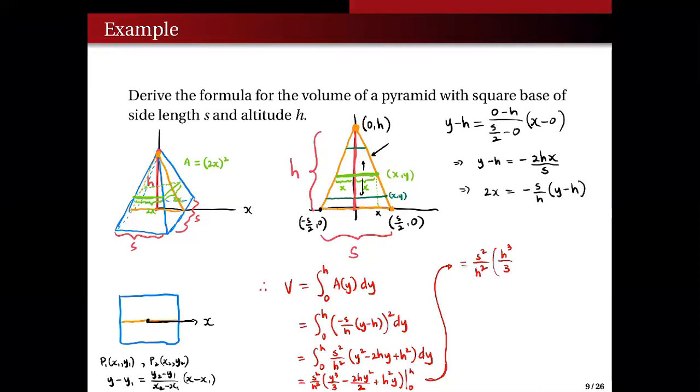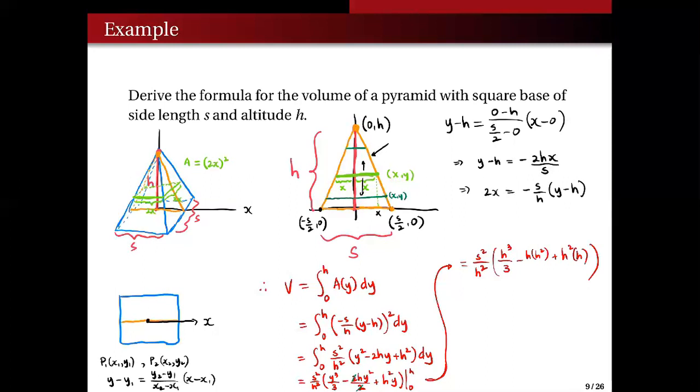On the second term, this will cancel this, so we will just have h times h squared, and then plus h squared times h. And then at 0, everything is 0 there.